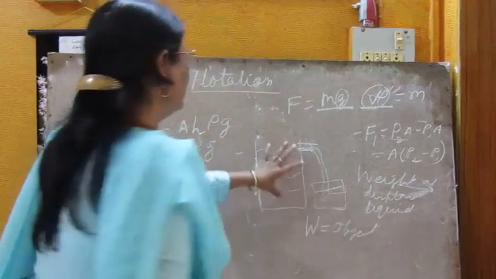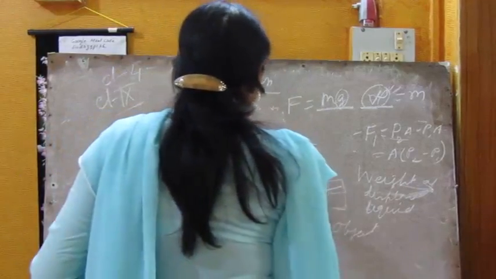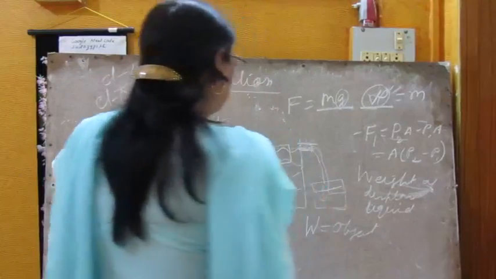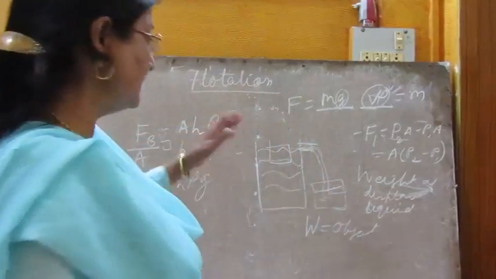Weight of the object, then the object will float. But this is the Archimedes principle.